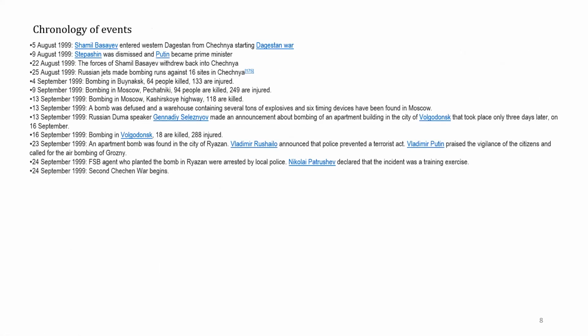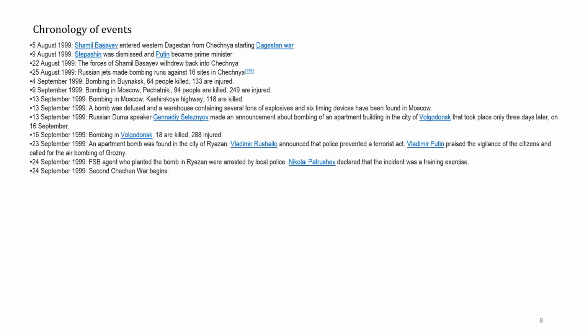Now, this is just a chronology of events from August 5th, 1999 to September 24th, 1999. These are all these bombings and events that were happening. We can read through each one of these.